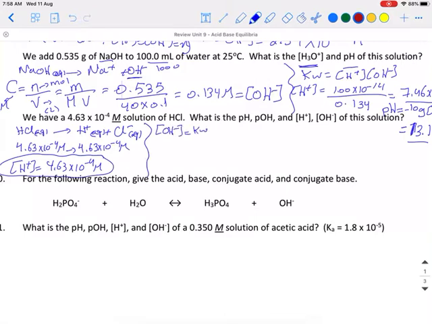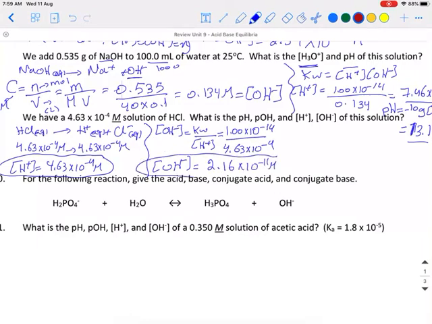Now let us find OH minus. OH minus is equal to Kw over the concentration of H plus. He didn't mention any temperature. I will assume it is at room temperature. So Kw for water at room temperature is 1 times 10 negative 14 over 4.63 times 10 negative 4. And the concentration of OH minus up to 3 significant figures will be 2.16 times 10 negative 11.